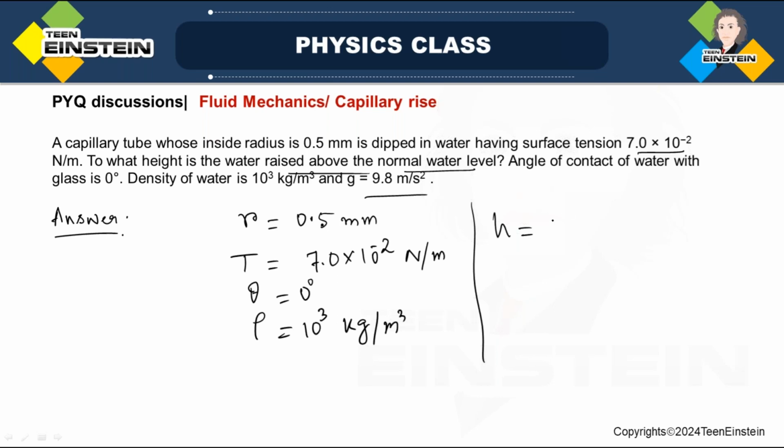Okay, so h is equal to 2 into surface tension T, cos of theta, theta is the angle of contact, here it is 0 degree, divided by rho, r and g.